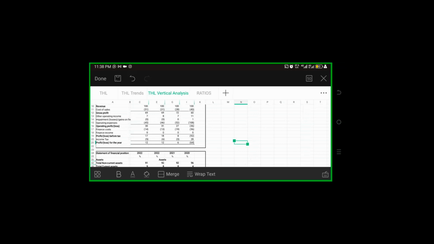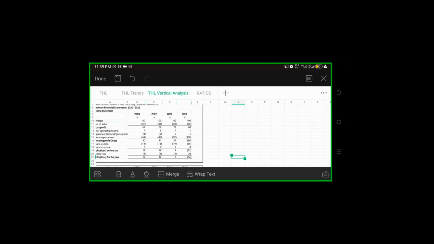Okay, so for the negative ones, in the financial ratios where you're having minus, my question is, when you're writing the feedback in the report, how do you explain that? The negative figures.